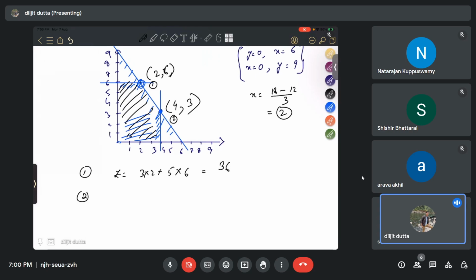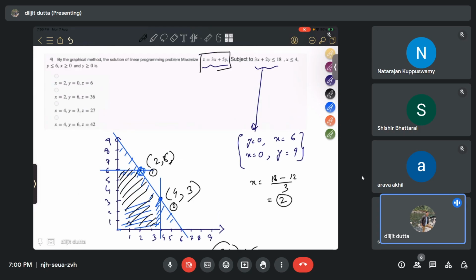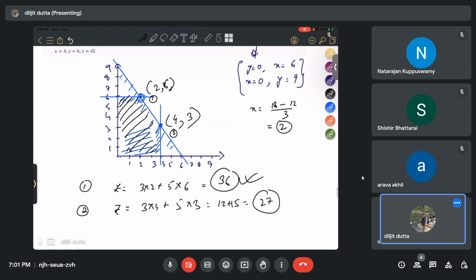And for the second point, z is equal to 3 into 4 plus 5 into 3, that is 12 plus 15, which is 27. So the maximum value is 36. So z equal to 36 at x equal to 2 and y equal to 6. Okay, I hope it's clear.